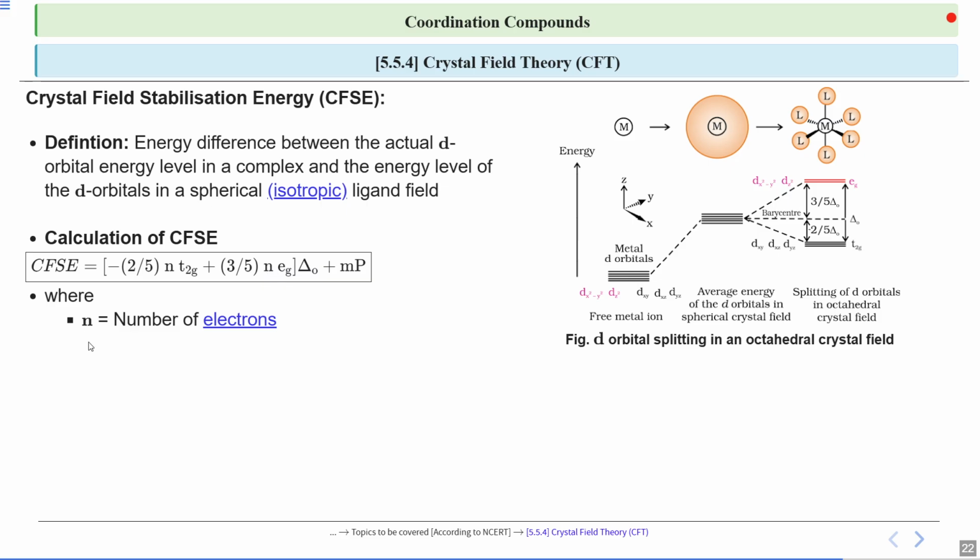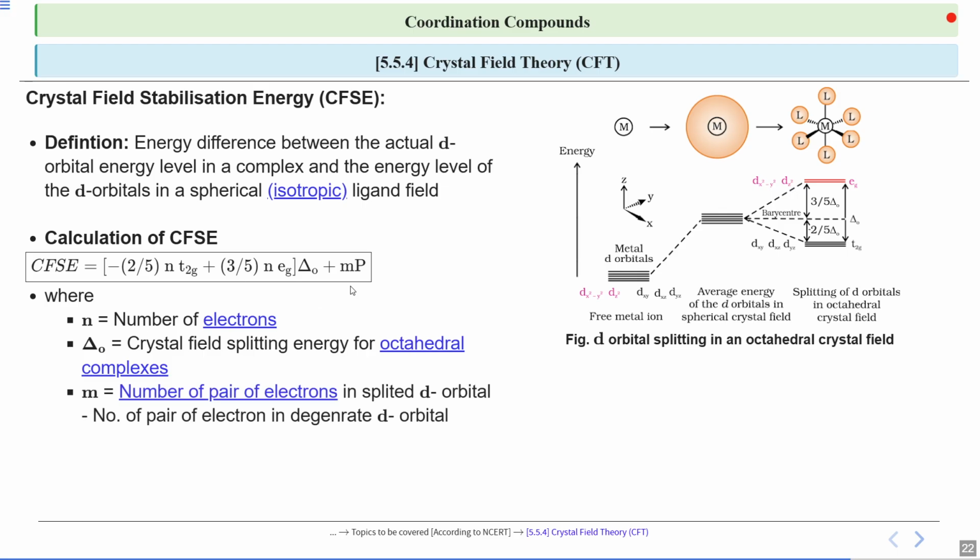So n represents the number of electrons, and delta naught represents the crystal field splitting energy for octahedral complexes. The o in the subscript represents octahedral. And m represents the number of pairs of electrons in the split d orbitals minus the number of pairs of electrons in the degenerate d orbitals.